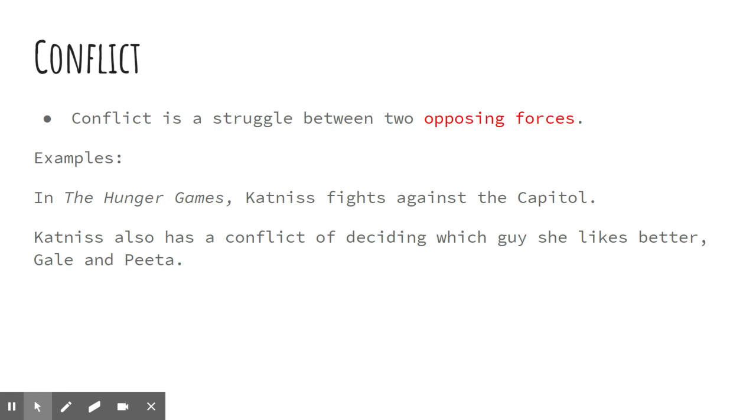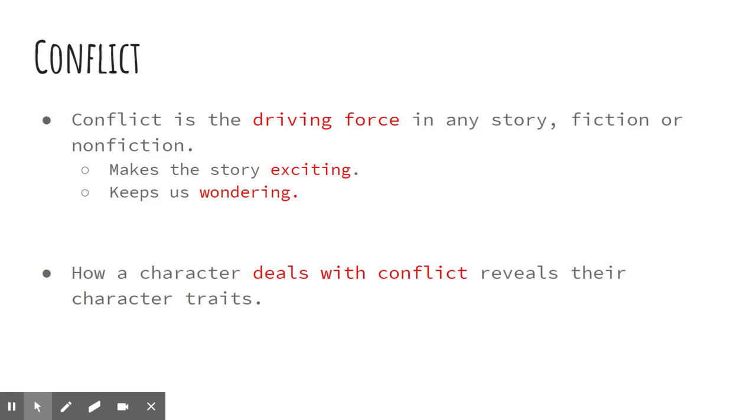Some examples are in the Hunger Games, Katniss fights against the Capitol, and then she also has a conflict of deciding which guy she likes better, Gale or Peeta. So we will look at those two types of conflicts and how to classify those.